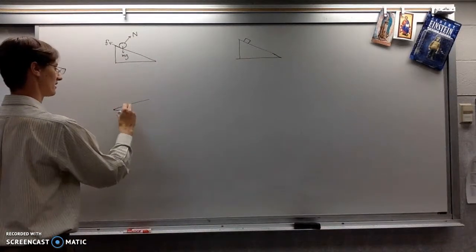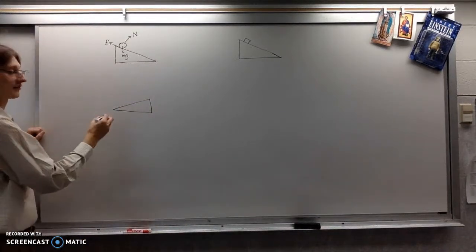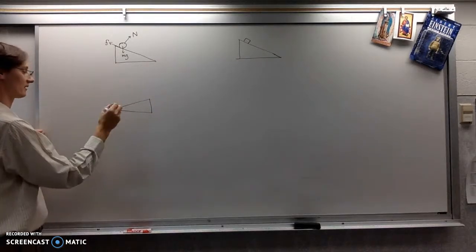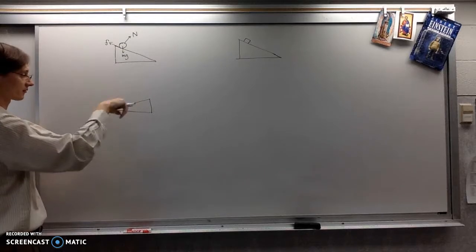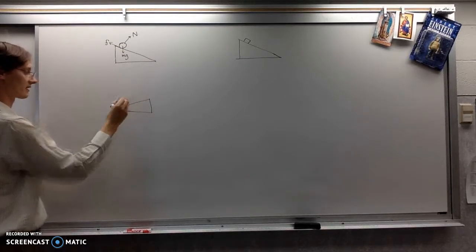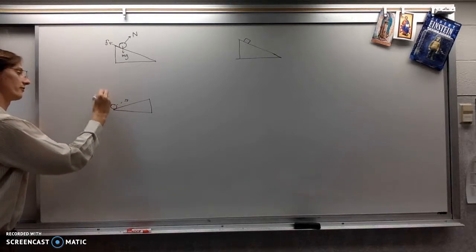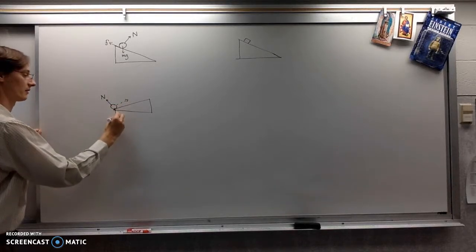Let's consider the other scenario where we have something that's rolling up an incline, meaning somebody pushed it, it's rolling along, and so it's moving this way. Gravity and normal force are the same.